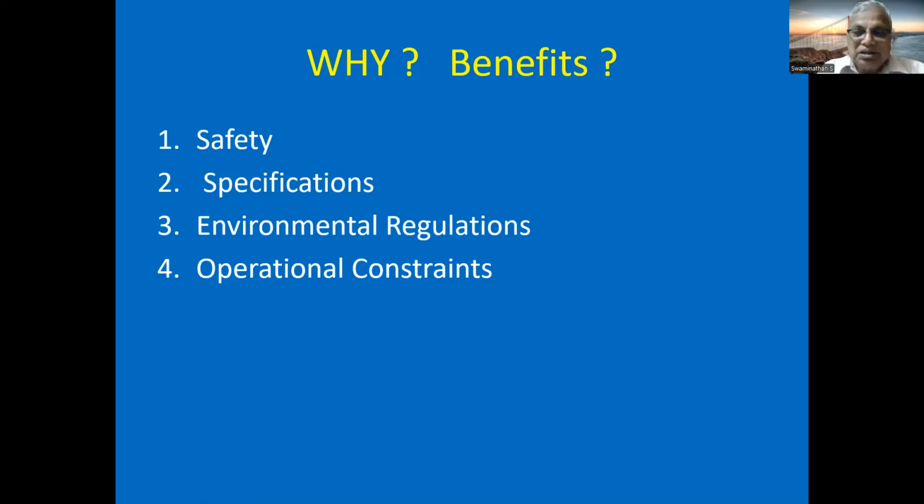For example, if you have a tank, there will be a constraint that the liquid level in the tank should not fall below a particular level. So we do not have freedom that the liquid can occupy any height in the tank.